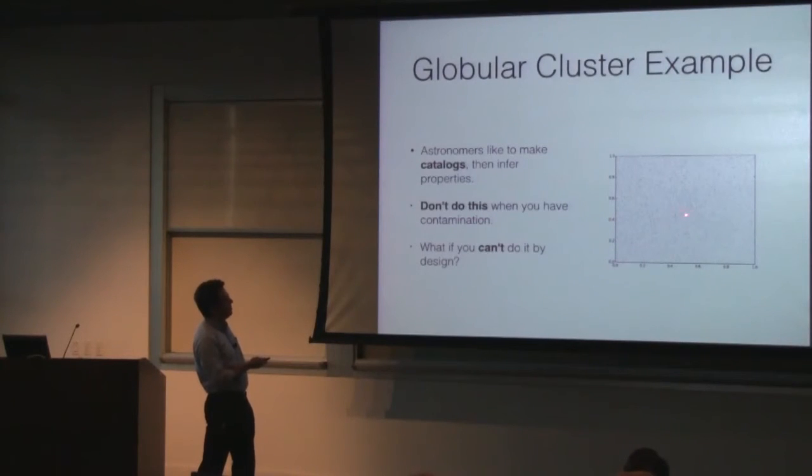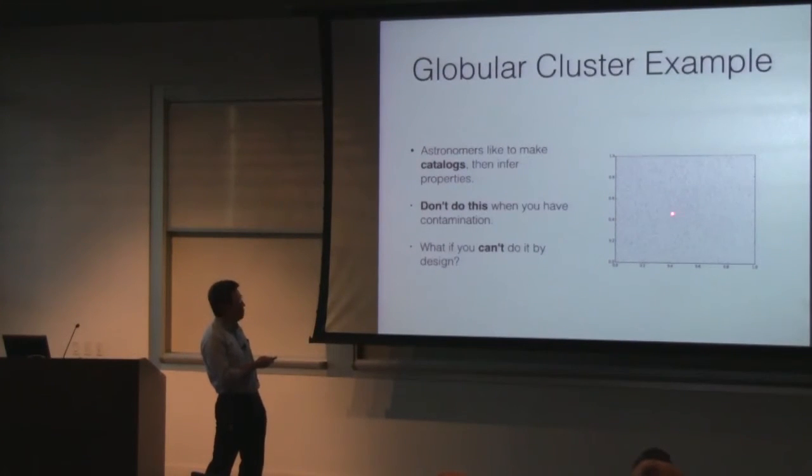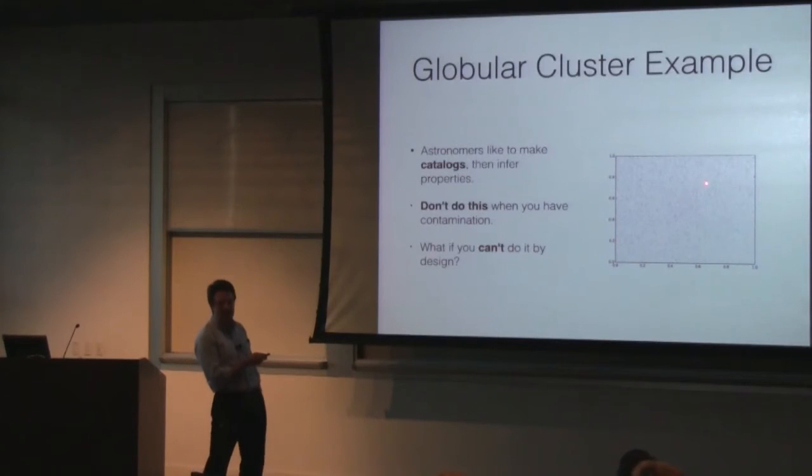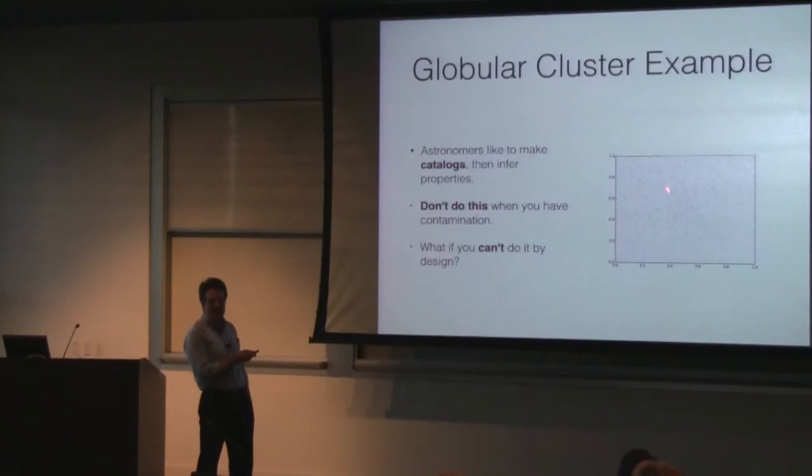The center of the globular cluster is right there. And at that center, the density of stars in the cluster, spatial density, is exactly equal to the density of stars in this overall background. And what that means is there's no star in this field that has a better than 50-50 chance of being in the cluster. You cannot make a catalog.